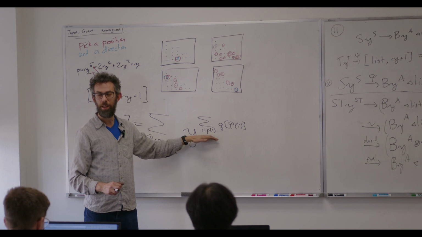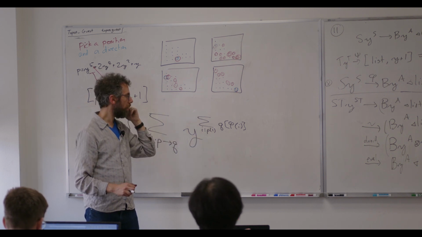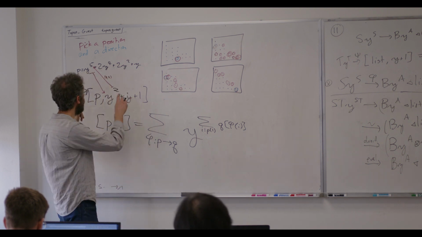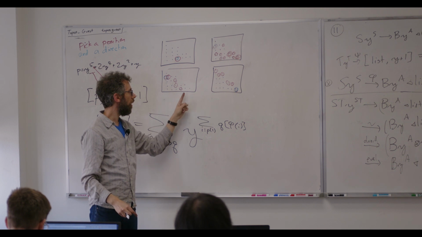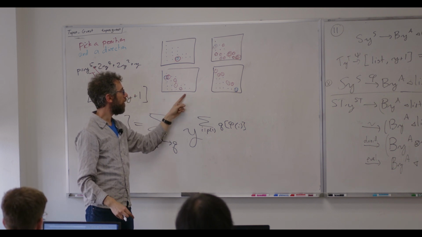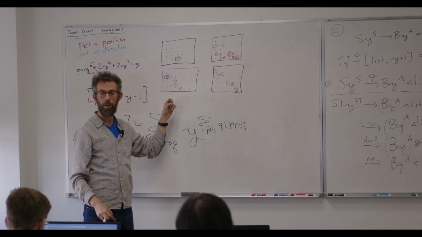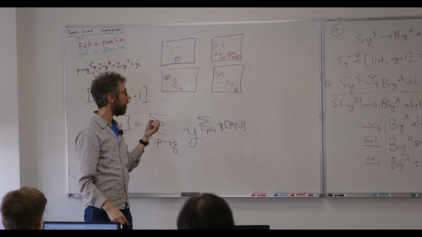You pick a direction back, which is one of the positions of P. Yep, one of these six things. And then for that position, you pick what is that last?